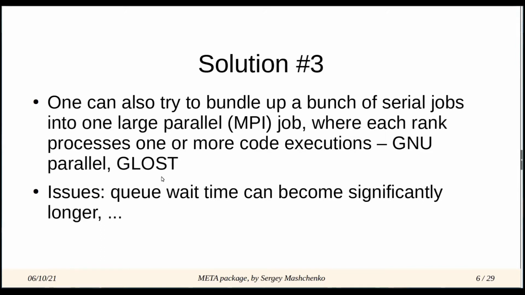So what they do, they bundle up these independent computations into a large parallel job. You go from one extreme, too many small jobs, to another extreme, one ginormous parallel job. So you completely eradicate the scheduler load issue, but you run into a new and perhaps even more serious issue.